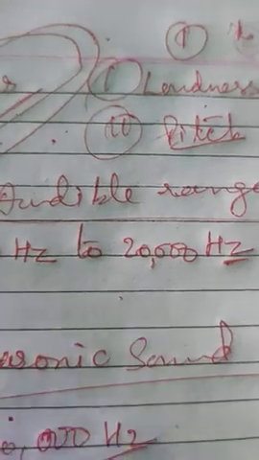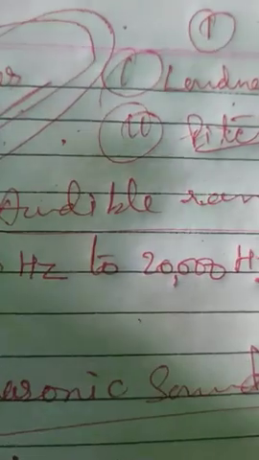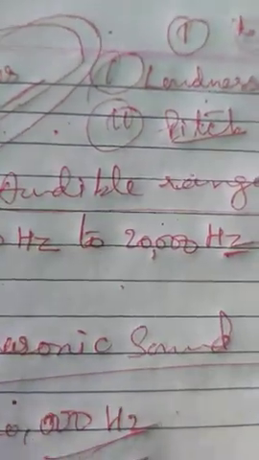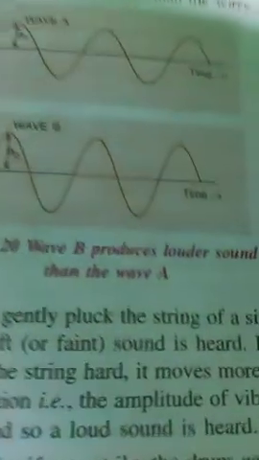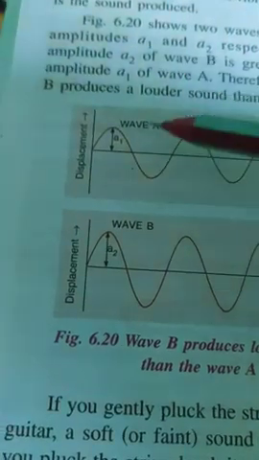So what is loudness? The loudness of sound depends on the amplitude of vibration of the vibrating body that produces sound. In the waveform you can understand clearly: greater the amplitude of vibration, louder is the sound produced.